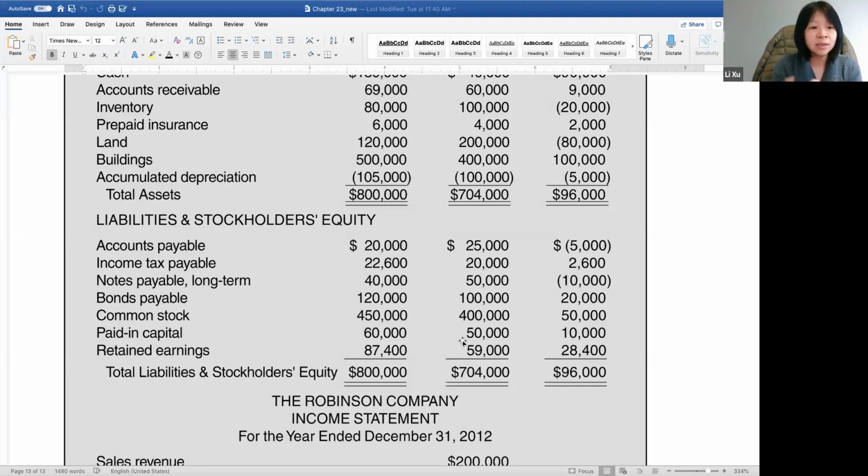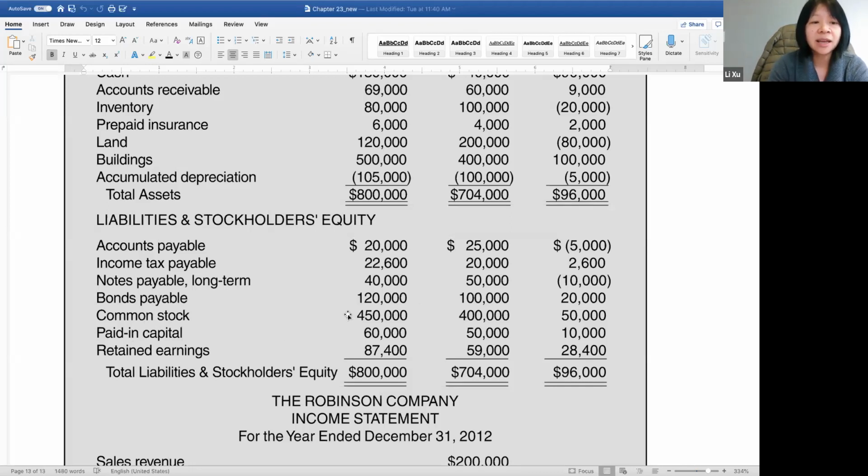If it's one transaction in the statement of cash flows, and they're all in the same section, you can combine these two accounts as one entry when you create a statement of cash flows, okay? So here, we only need to look at notes payable, bonds payable, and the common stock and paid-in capital.